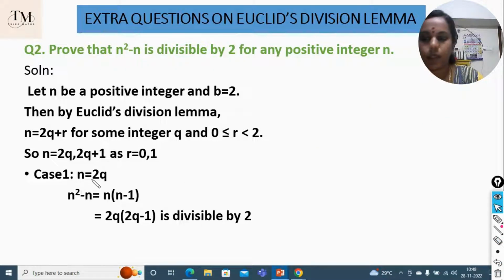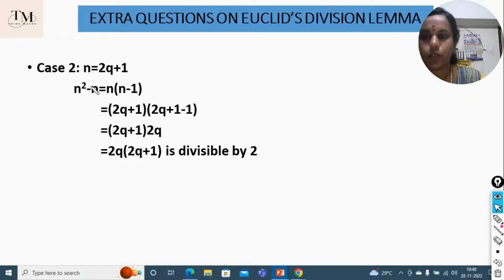So case 1: n is equal to 2q. n square minus n is n into n minus 1, which can be written as 2q into 2q minus 1. Here 2 is outside, so 2 is common, and it is divisible by 2. Next, case 2: n is equal to 2q plus 1. n square minus n is nothing but n into n minus 1. Instead of n, we substitute 2q plus 1.